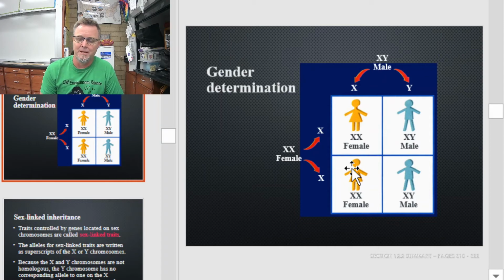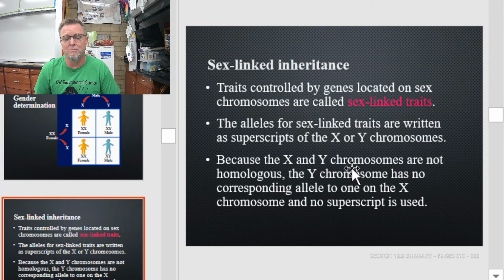In conjunction with this idea of sex determination, there are some genetic traits that are controlled by these sex chromosomes. We call them sex-linked traits. So there are a few things that we can inherit that are carried on these X and Y chromosomes. And they range from kind of ridiculous and benign things like male pattern baldness to things like hemophilia, okay?